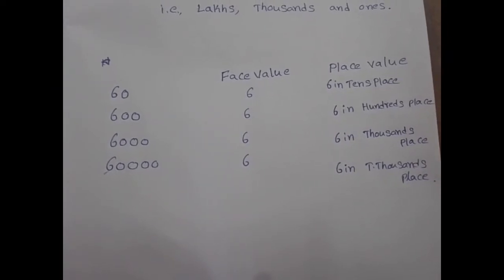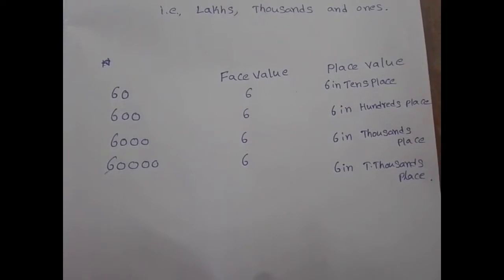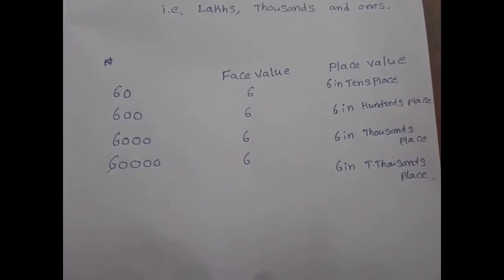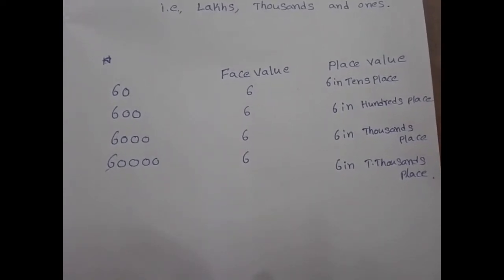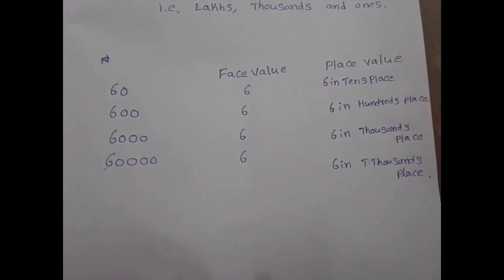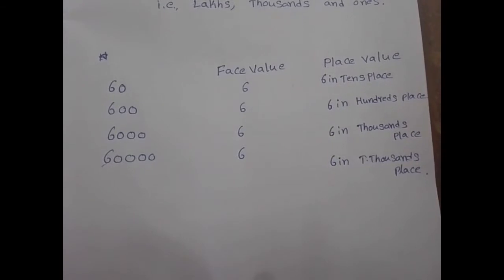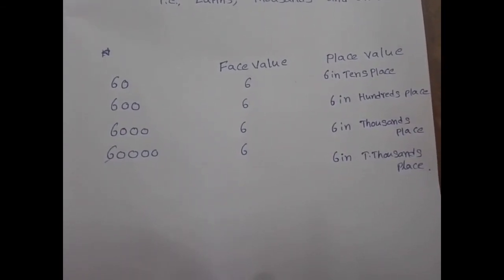Have you understood, children? Once again, in 60, face value is 6 and place value is tens place. In 600, face value is 6, place value is hundreds place. In 6,000, face value is 6 and place value is thousands place.